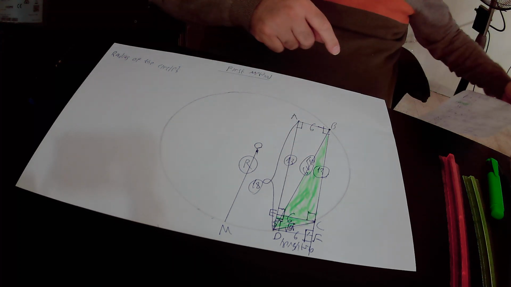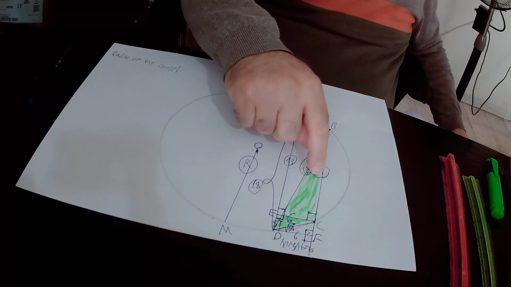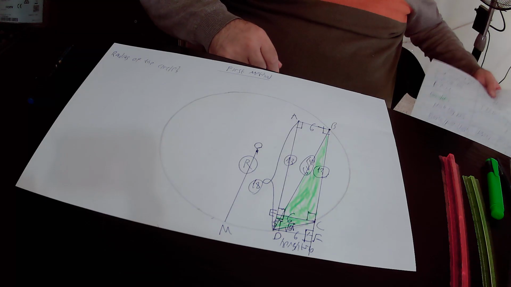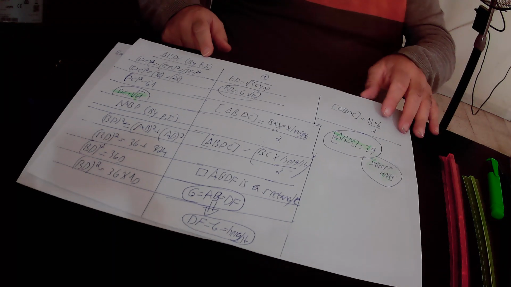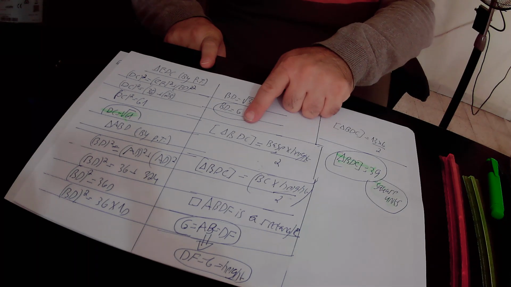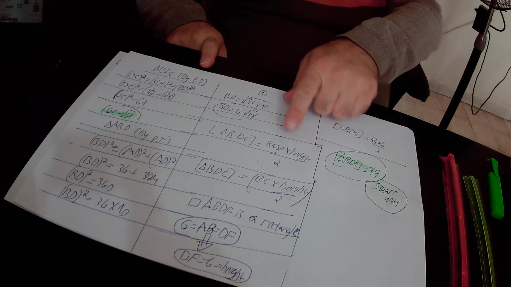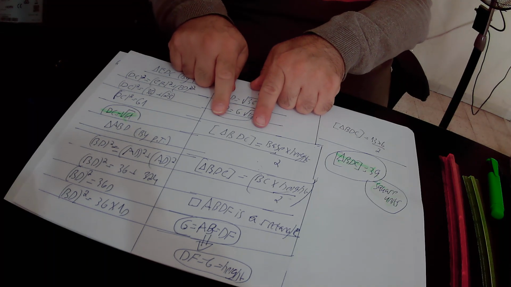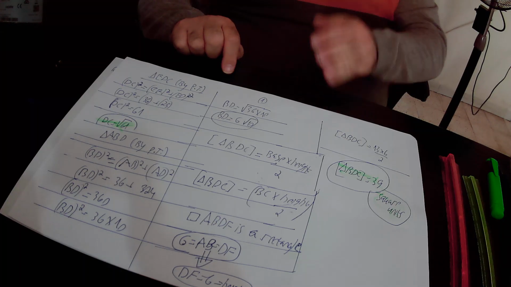Now we find the area of the green triangle, triangle BDC. The area of any triangle, and especially the area of triangle BDC, is equal to the base times the height to the base over 2. Here the square brackets denote the area, it is the area of triangle BDC.